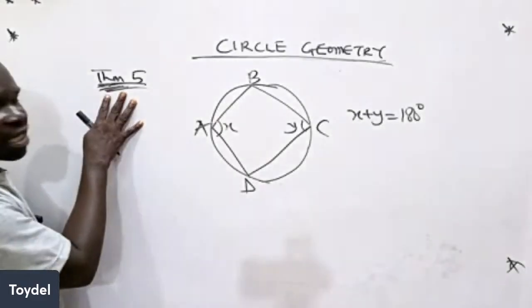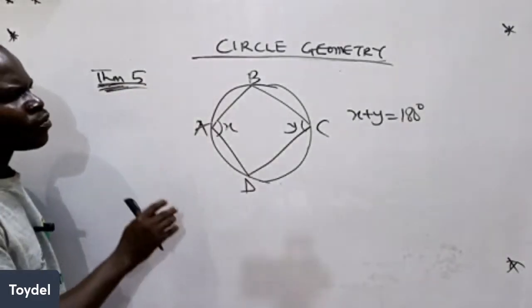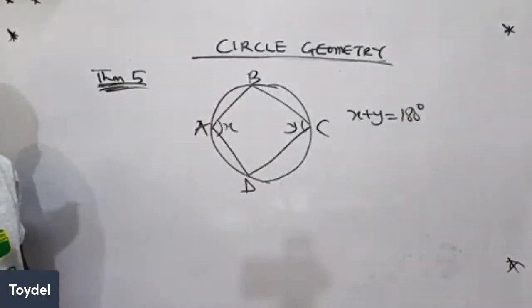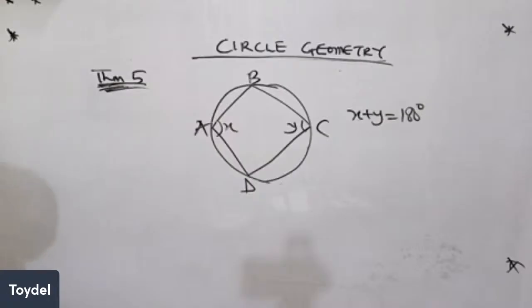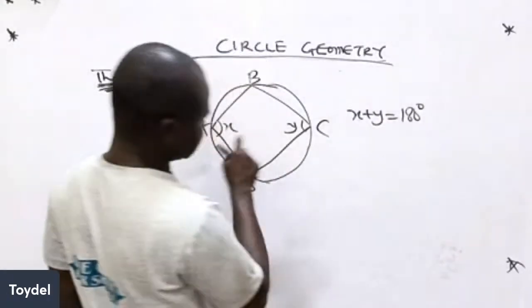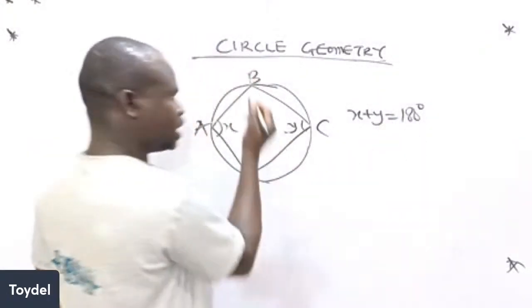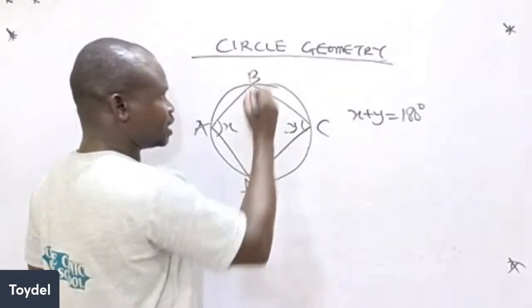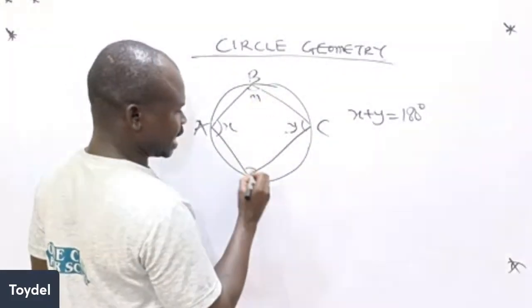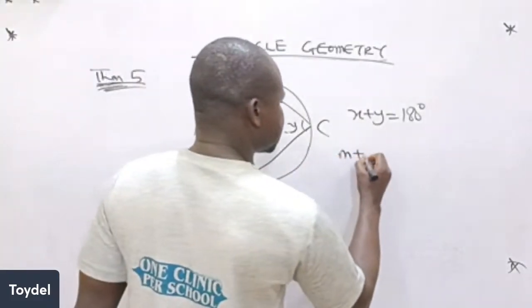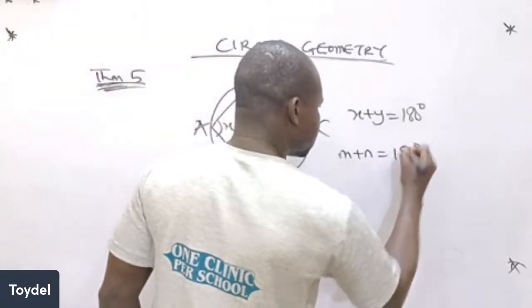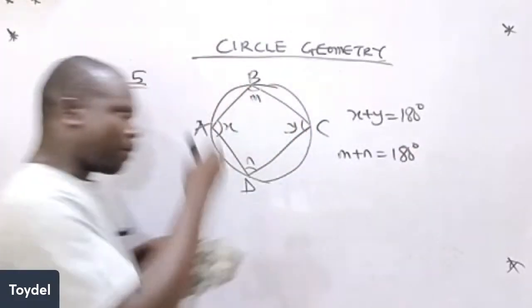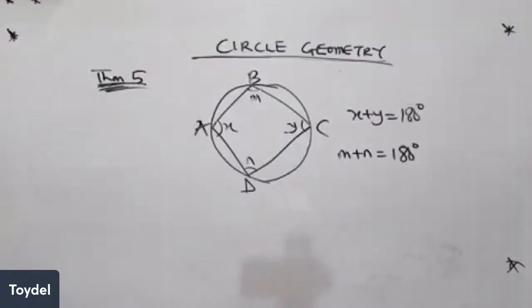That's what theorem 5 states. This one is also opposite, B and D. So if this is M and this is N, we can say that M plus N is equal to 180. The opposite angles of a cyclic quadrilateral are supplementary. That's what the theorem says.